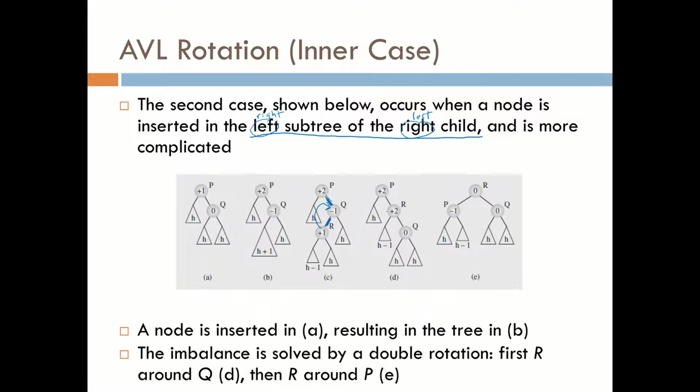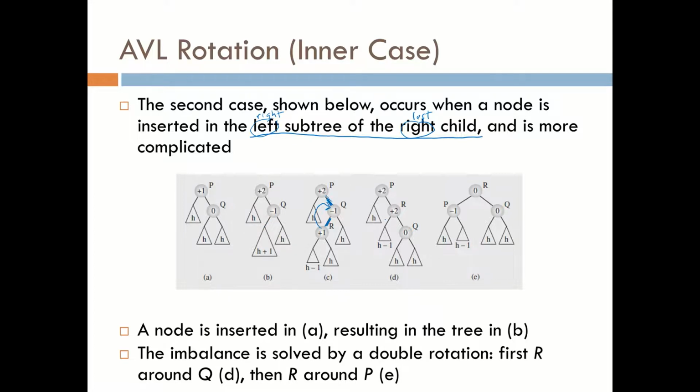And then Q, which was previously the parent of R, is now the child of R. Now, this does not fix the problem. We still have an imbalance here.